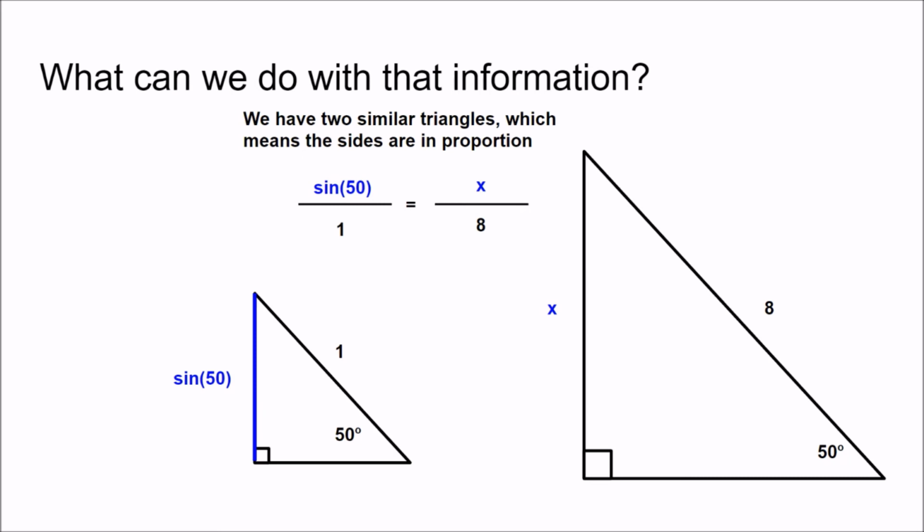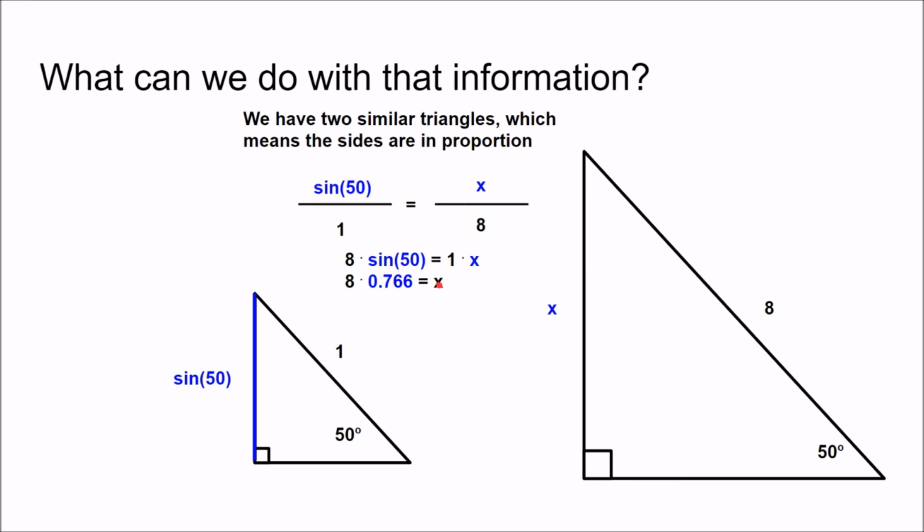Now to solve proportions, remember back to 6th or 7th grade, we can cross multiply. 8 times sine of 50 equals 1 times x. Now sine of 50 again, I'm going to replace it back with that decimal value, 0.766, equals 1 times x, and that's x. Basically, I'm just solving an algebraic equation for x.